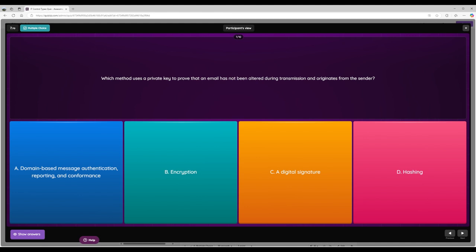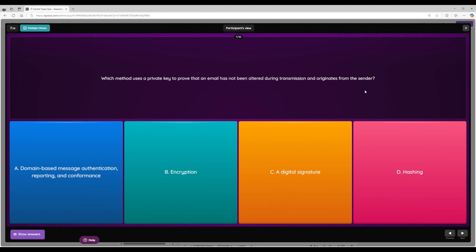Which method uses a private key to prove that an email has not been altered during transmission and originates from the sender? So, what we should also be doing, I just noticed that, is that whatever question we have, we should try to track it to CIA, which is confidentiality, integrity, and availability.